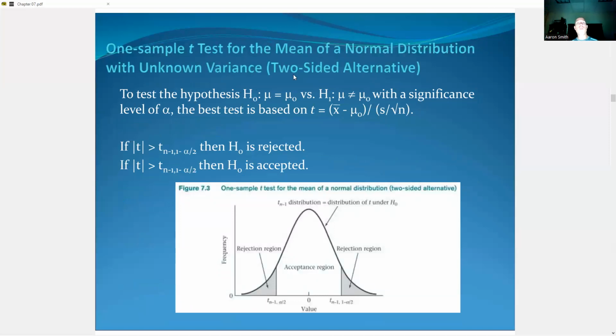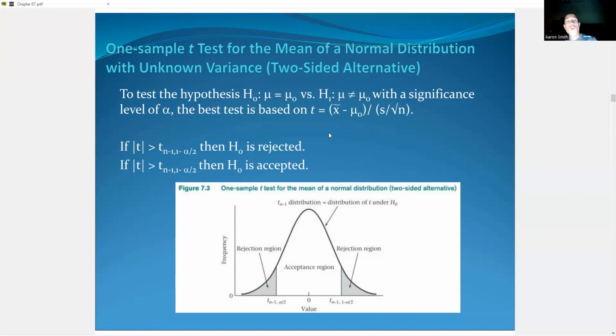Now, the one sample t-test for the mean of a normal distribution with unknown variance, this is the two-sided alternative. So to test the hypothesis that mu is equal to the hypothesized value versus mu not equal to the hypothesized value with a significance level of alpha, the best test, once again, is the t-distribution.